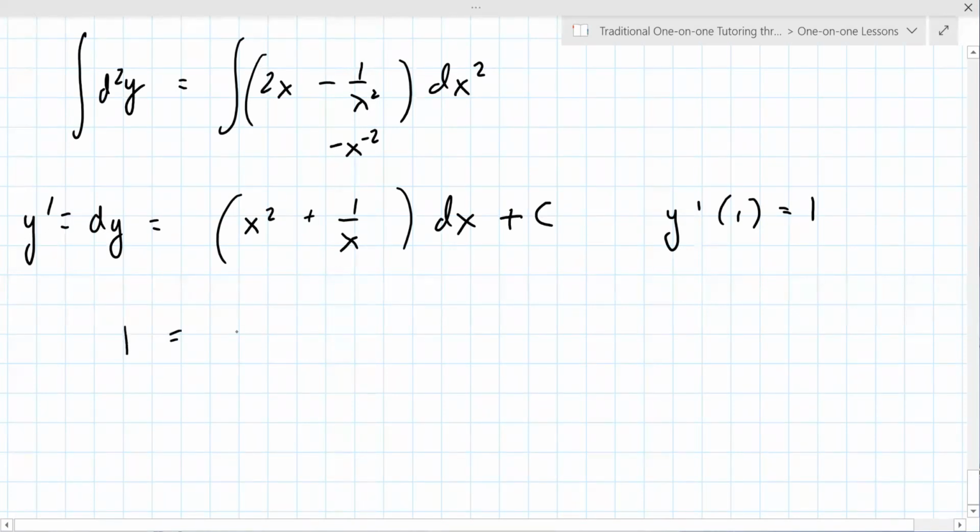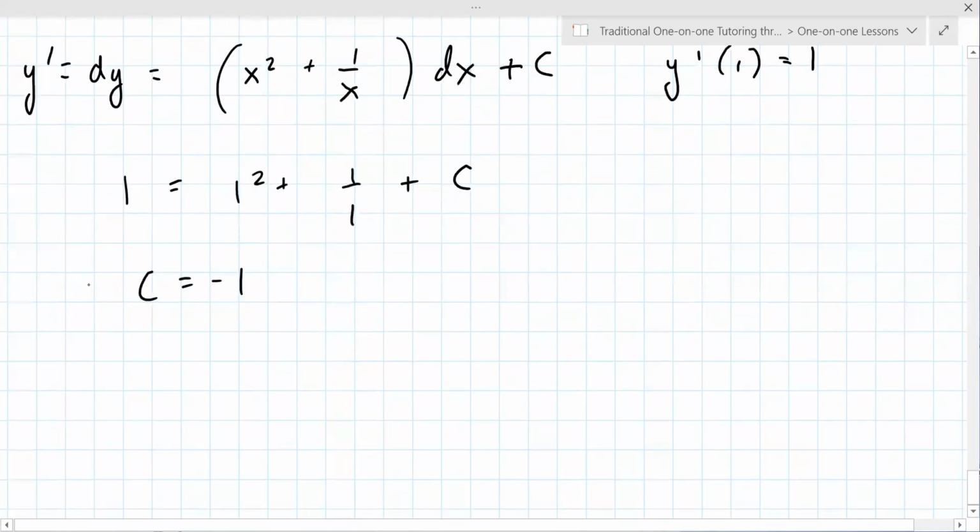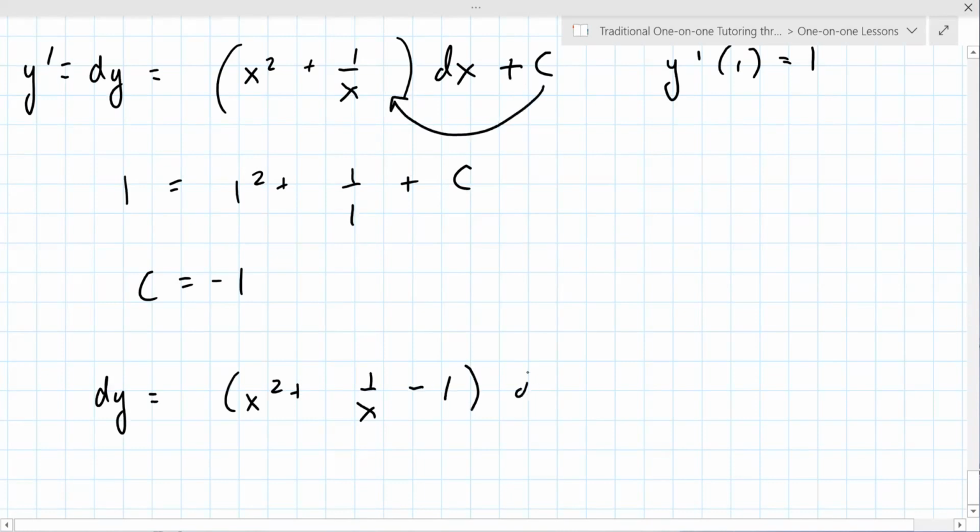So 1 equals 1 squared plus 1 over 1 plus c. So it ends up that c equals -1. So if we go back to this previous line here, we got dy equals x squared plus 1 over x, and then I wrote it over here, it really should have been in here, I guess. So that's c is -1 dx.